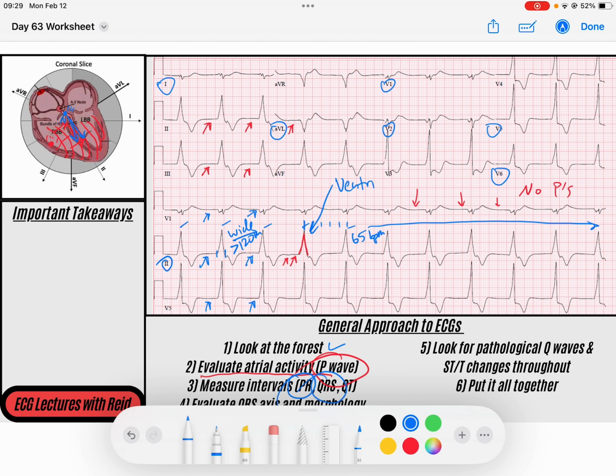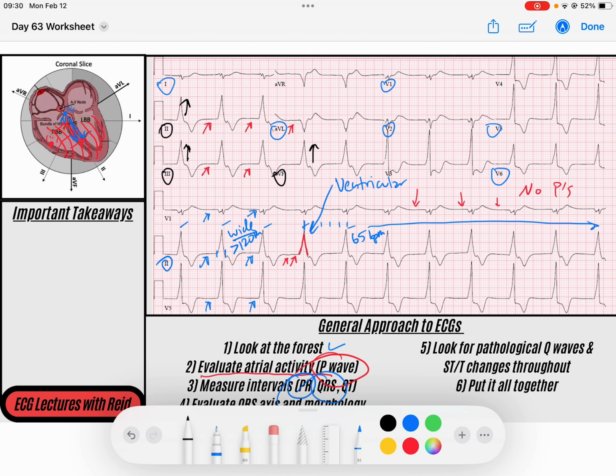So this is a ventricular beat. If you look at the axis of my QRS, you notice that it's upright in all of the inferior leads. That ventricular ectopic beat is upright in these leads. It tells me it's going towards the inferior leads.